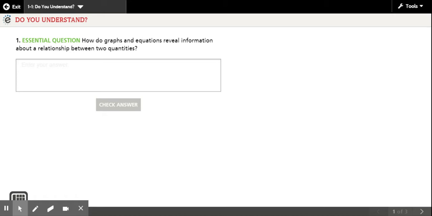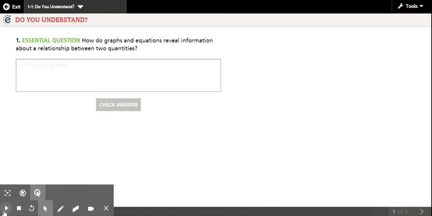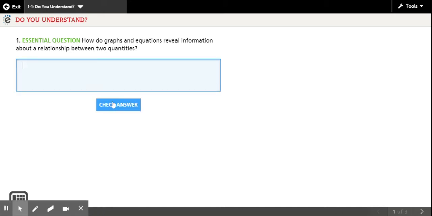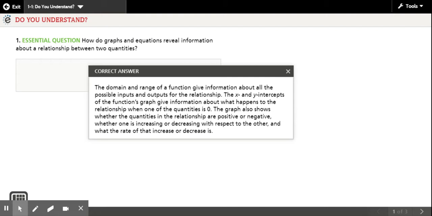Okay, so how do graphs and equations reveal information about a relationship between two quantities? All right, so the domain and range of a function give information about all the possible inputs and outputs for the relationship. The x and y intercepts of the function's graph give information about what happens to the relationship when one of the quantities is 0.